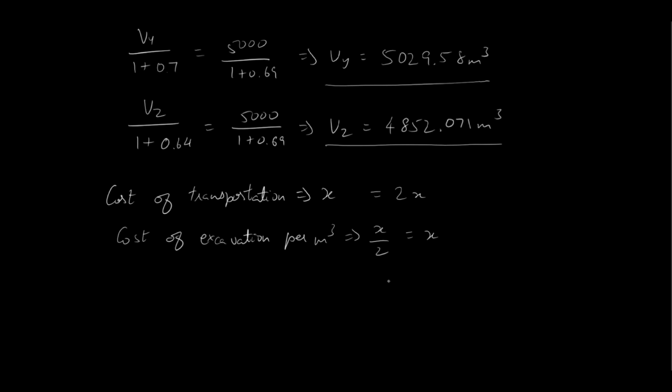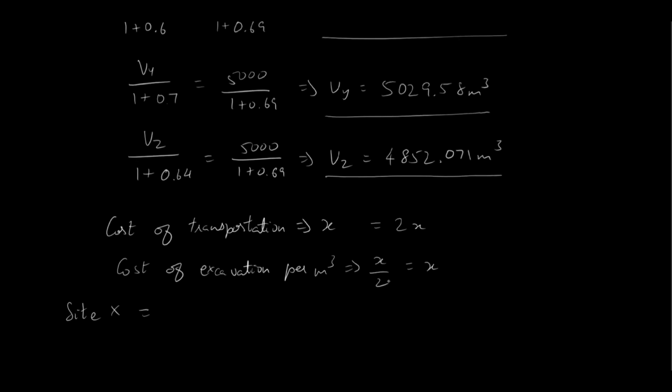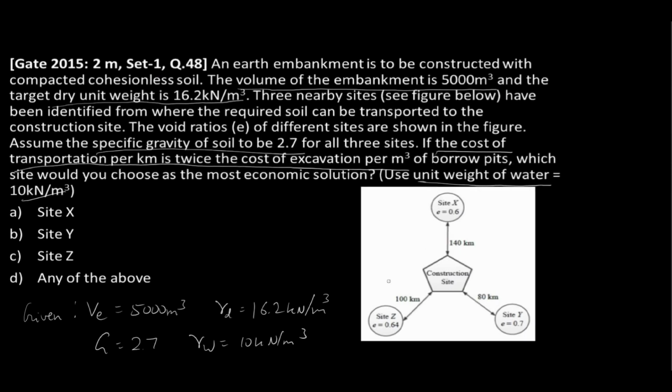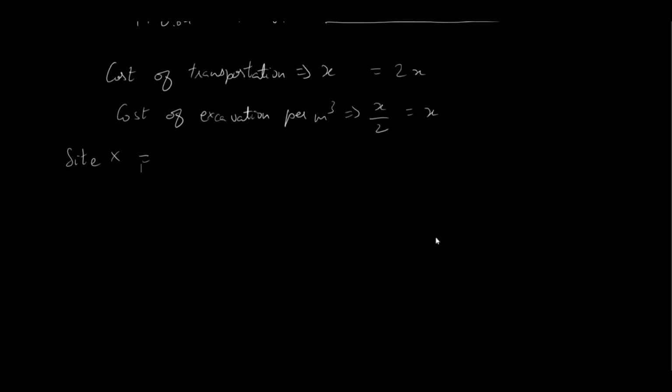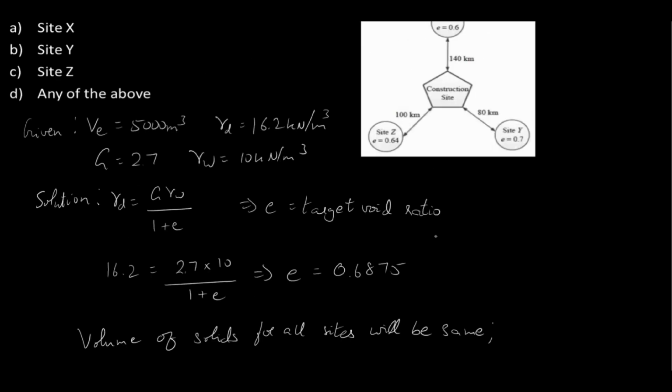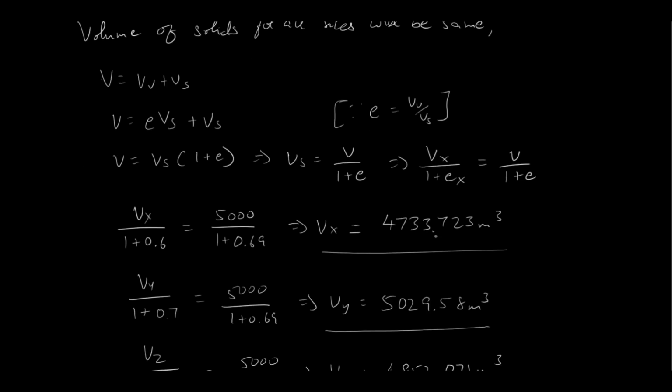Now we will be calculating for site X, which is cost of transportation. What is the distance from site X to construction site? It is 140 kilometer. So 140 into 2x plus what is the volume it needs to be excavated?